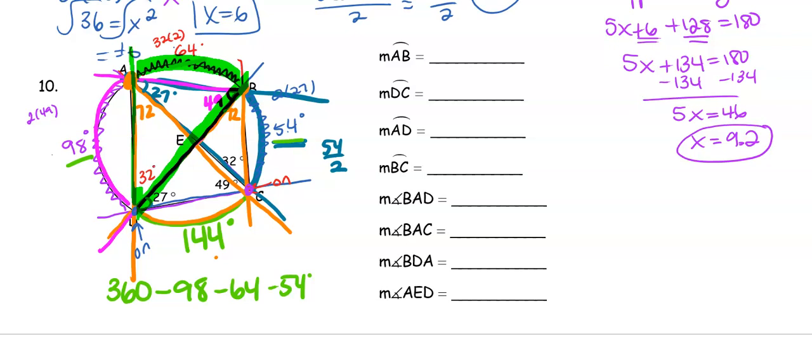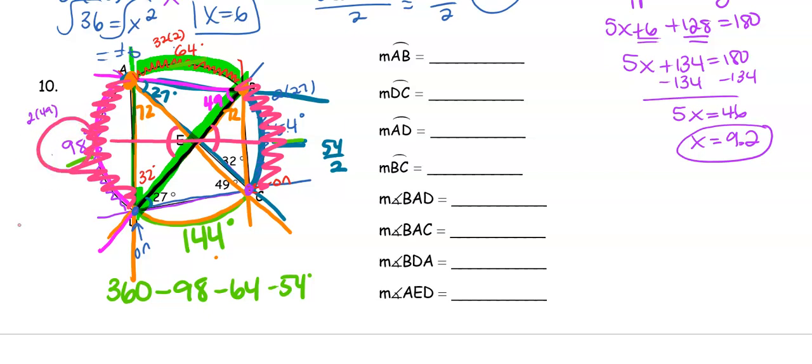But if I'm looking for, let's say this angle right here in the middle, these are vertical angles. They are connected to this arc and this arc. And when it comes from inside the circle, remember you add the arcs together. So I add 98 plus 54, and I cut that in half.